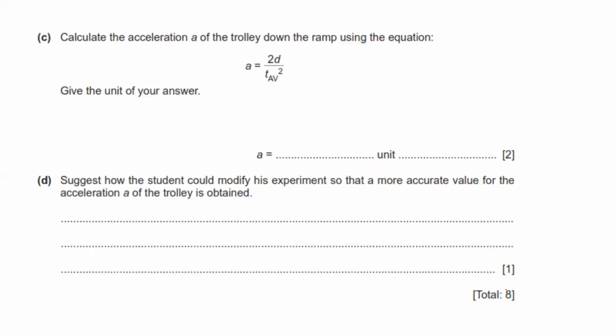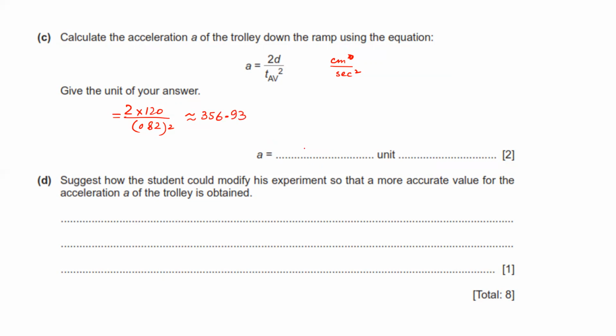Okay, next part, calculate the acceleration A of the trolley down the ramp using the equation 2D. Give your answer to this. So the units here are distance in centimeters and time square. So 2 into D, 2 into 120 divided by 0.82 average time square, and this value comes out to be 356.93.